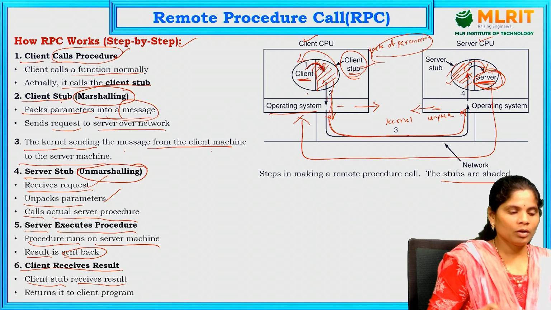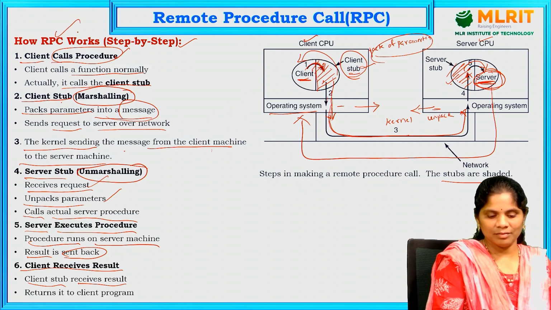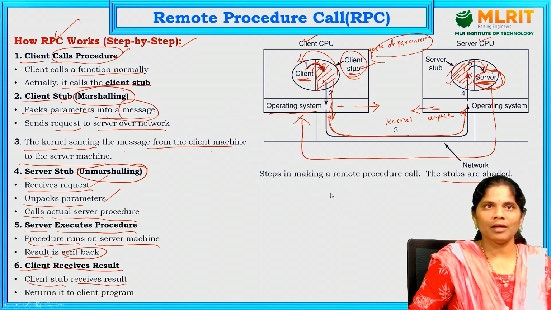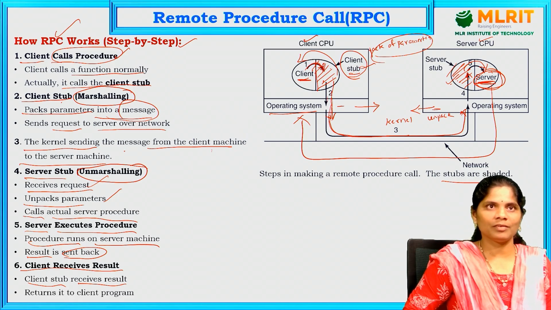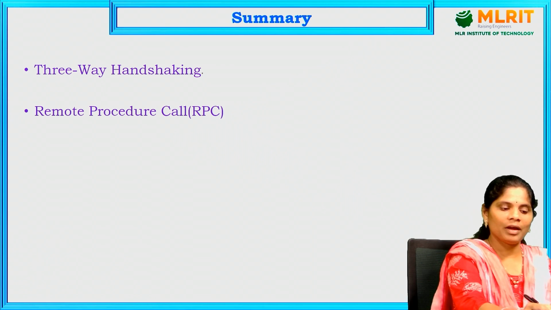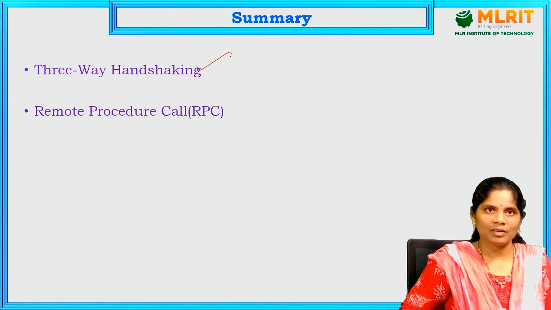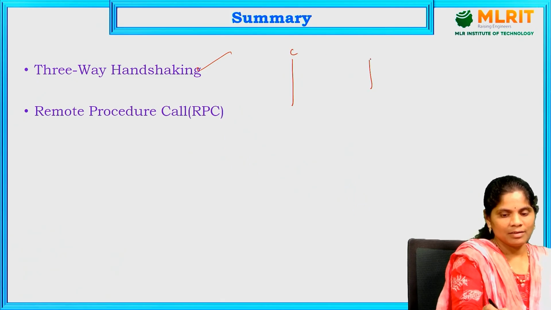That is the total procedure of the remote procedure call, step by step, mainly for sending and receiving the request. So this is about remote procedure call, and in this session we also discussed the three-way handshaking, how it works between client and server.